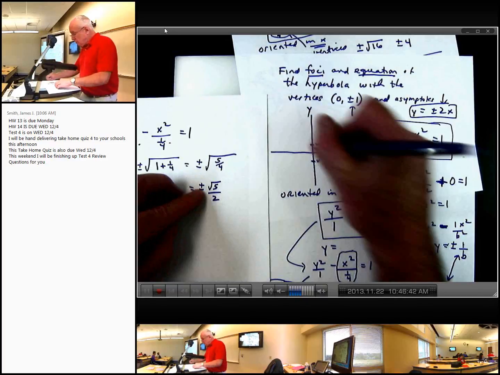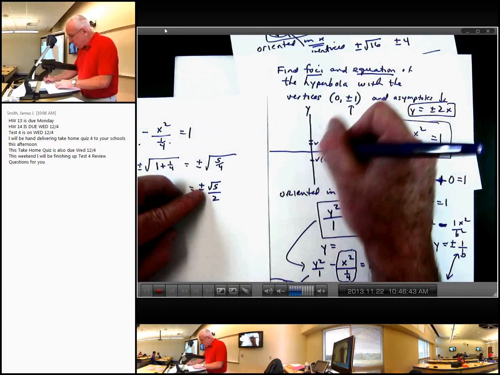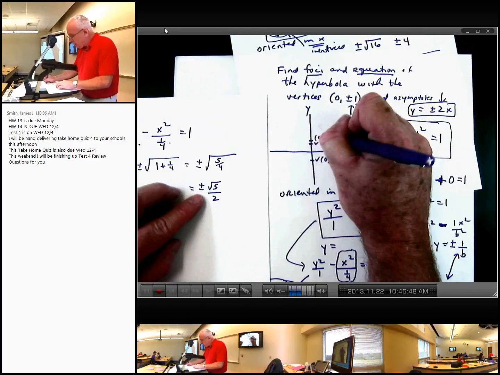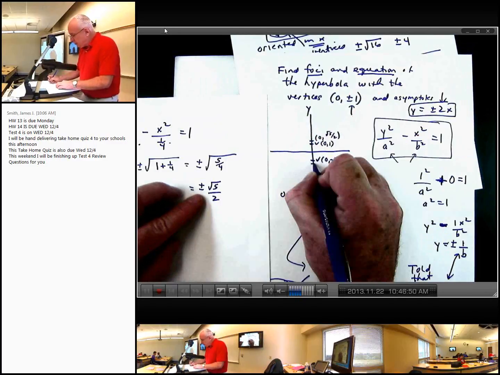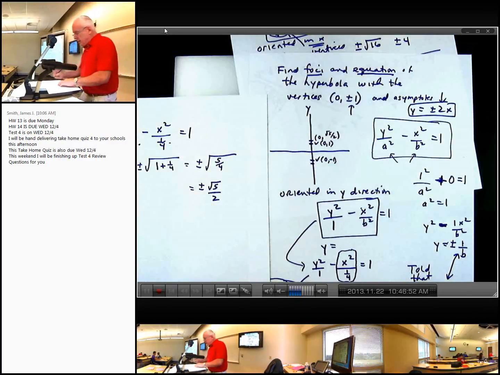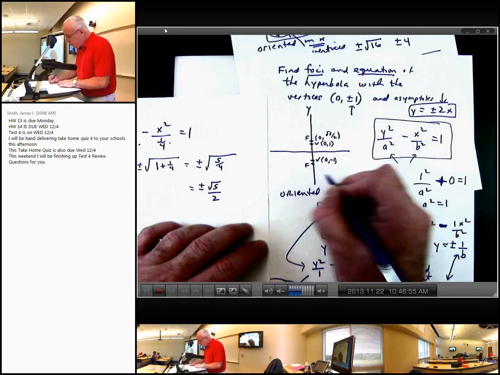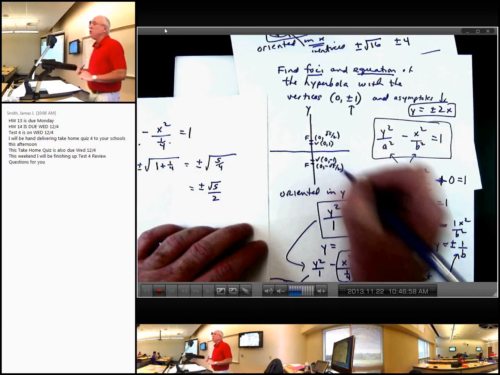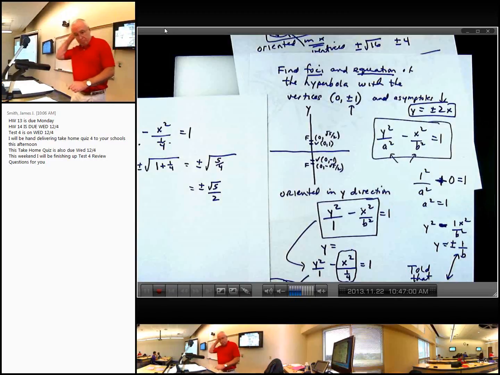So we're going to have something a little bit bigger than 1: 0, square root of 5 over 2, and then a little bit less than negative 1 down here. So that's the focus, that's the focus. 0, minus the square root of 5 over 2 down there, okay?